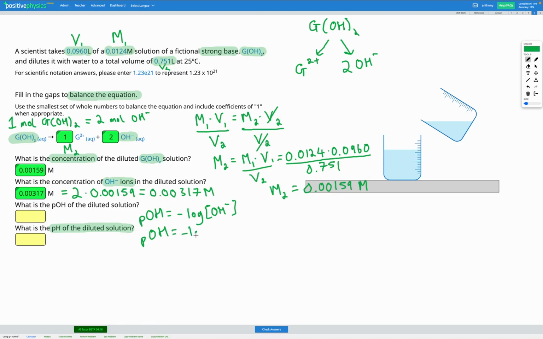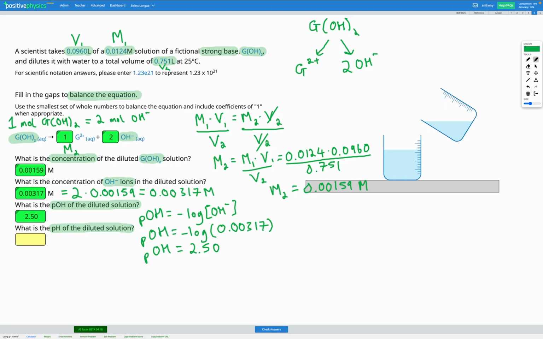It's negative log of the concentration we just found, 0.00317. If we put that into our calculator, we will get a pOH of 2.50. So we can go ahead and fill that in. Great, so we found the pOH of our diluted solution.